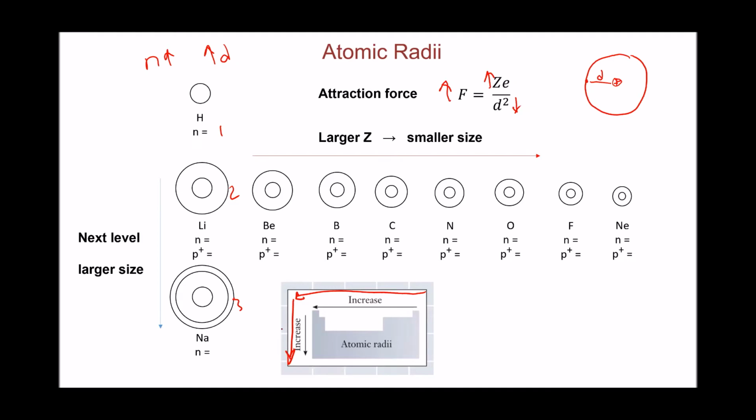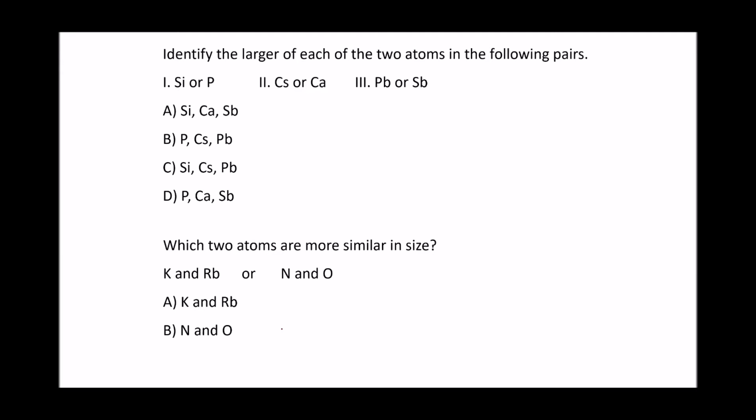So that's the trend for the size, and that's the most important one because it's going to help us understand all the other properties later on. So let's just apply these concepts here to make predictions about the size. If you compare each two of these atoms here, which one is going to be larger?